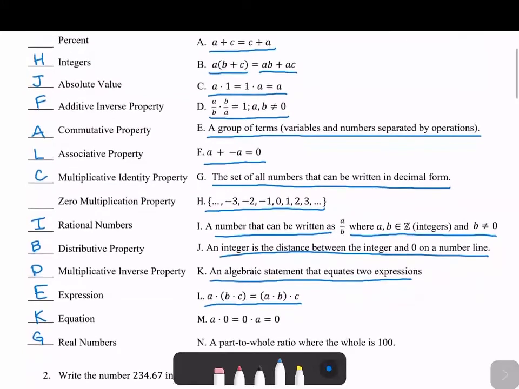This next one is that when you multiply by 0, you're just going to get 0. That's the 0 multiplication property. And lastly, a part to whole ratio where the whole is 100 is how we have defined percent. Okay, so I went through these. There's a lot of them. You're going to be expected to know pretty much every property and all the definitions.